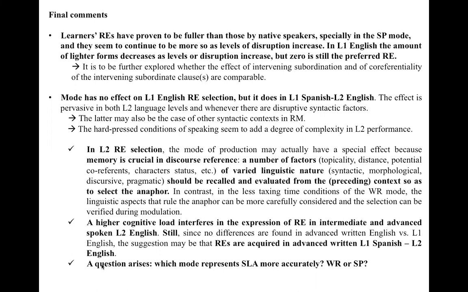In L1 English, the amount of lighter forms decreases as the level of disruption increases, but interestingly, zero is still the preferred referring expression, unlike in learner texts. It will be necessary to explore whether the effects of intervening subordination and co-referentiality are alike, whether they have the same impact or not. This is something that could be done in the future.